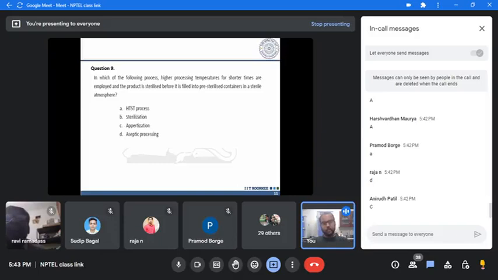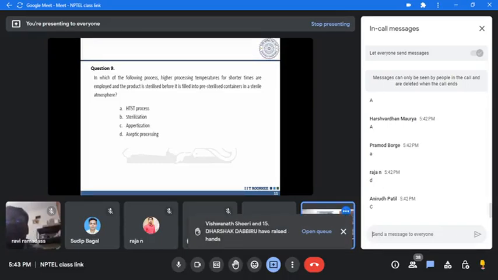In this process, some product will be there. We will sterilize the can and we will pack there, in a different pressure and temperature. Okay, Vishwanath Seri has a raised hand. Vishwanath, you have any question? Those who are raising hand, they can ask question by unmuting their mic.